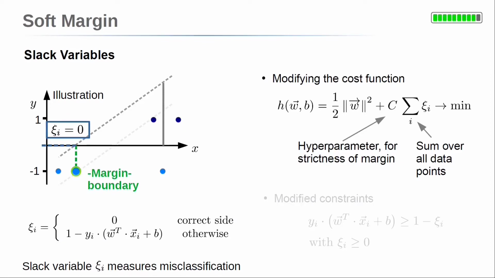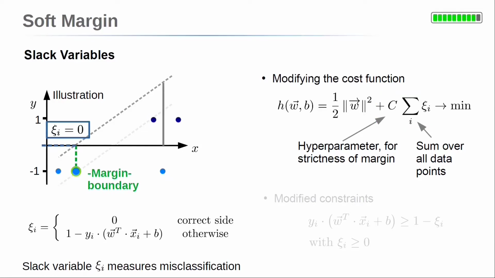The cost function is modified to include the slack variable into the model. The first term, 1/2 times the parameter vector w squared, still wants to maximize the margin width. The second contribution, C times the sum over all data points of the slack variable values, incorporates the amount of margin violation.